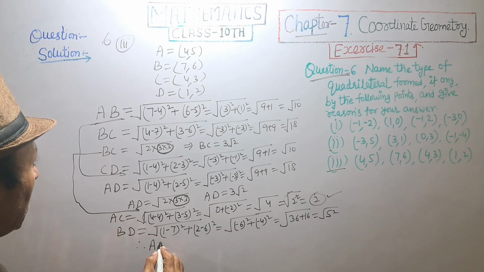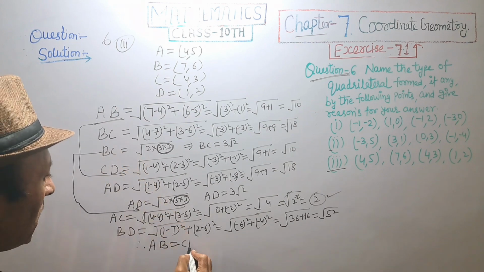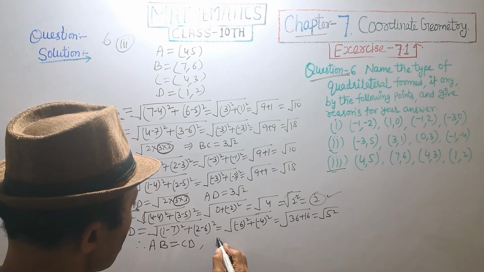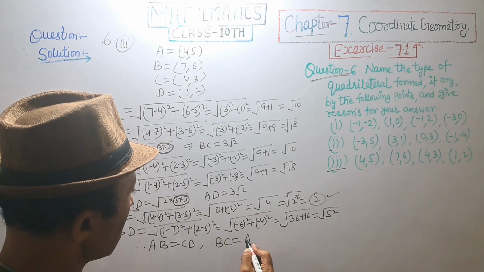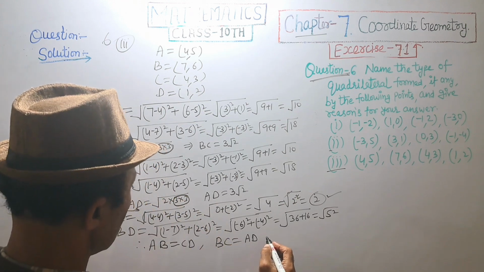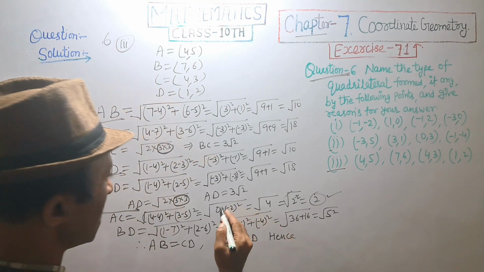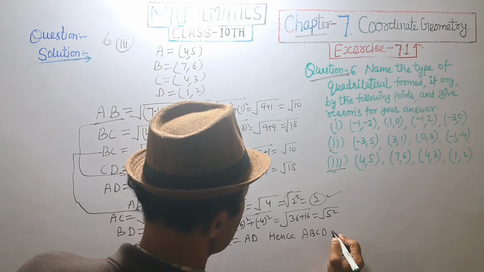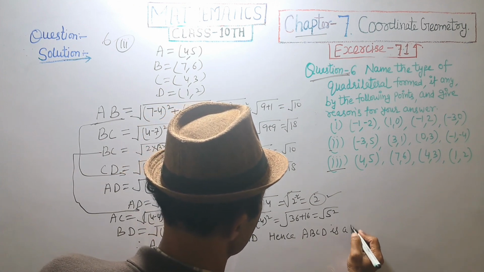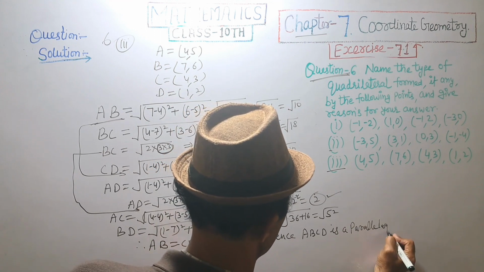So AB is equal to CD, BC is equal to AD, hence ABCD is a parallelogram.